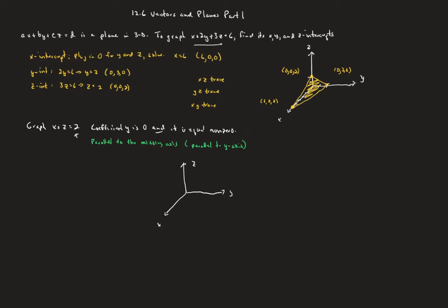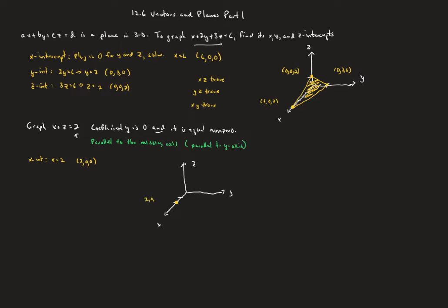We're still going to find the traces, or the intercepts. For our x-intercept, when we plug in 0 for everything except x, we get x equals 2, which gives us the point 2, 0, 0. I'm going to plot that point right there.